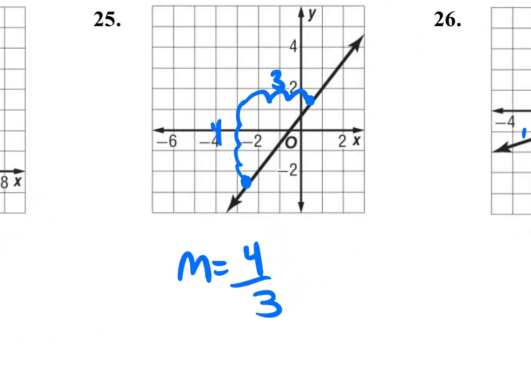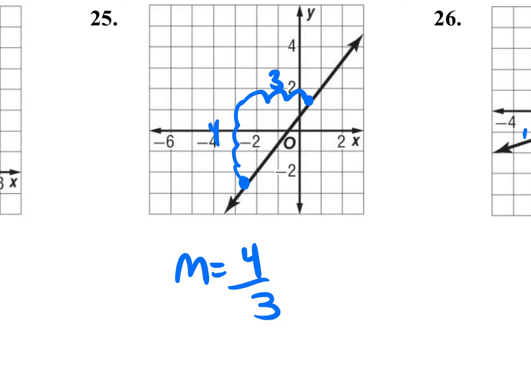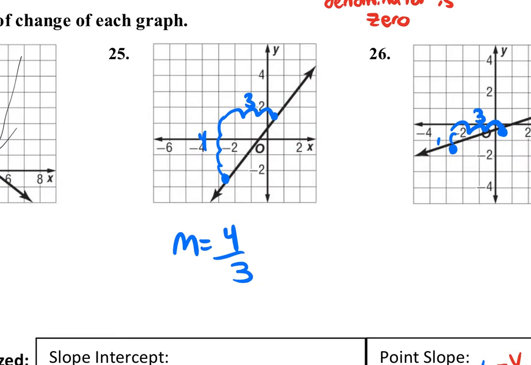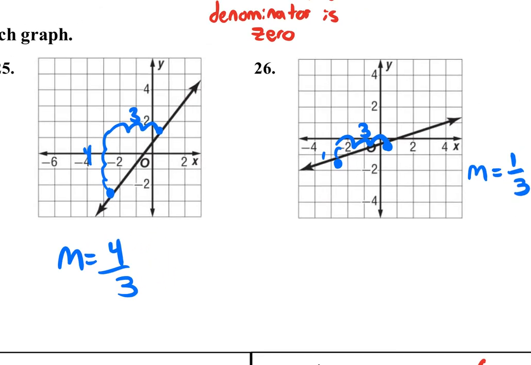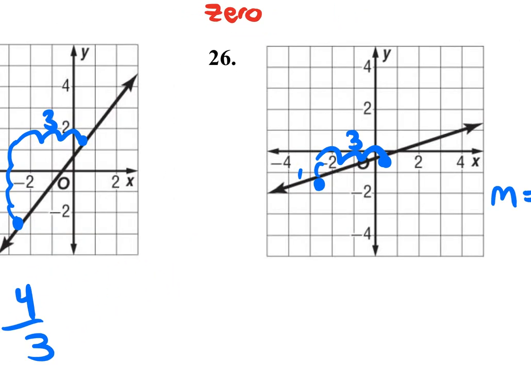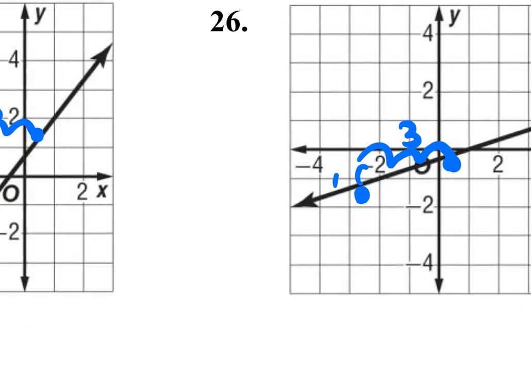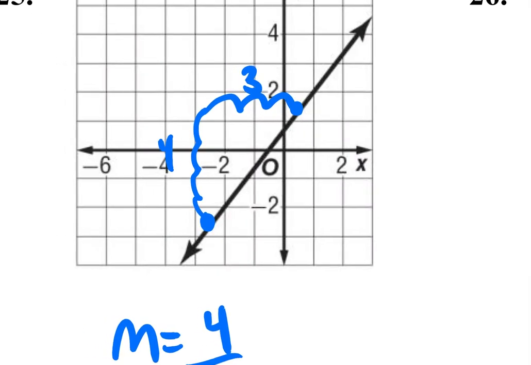So here I am counting rise over run. Let me go back and see here. Looks like somehow this got off. So let me redo it. I'd go from this one to this one, which is still the up 1, 2, 3, 4, 1, 2, 3.